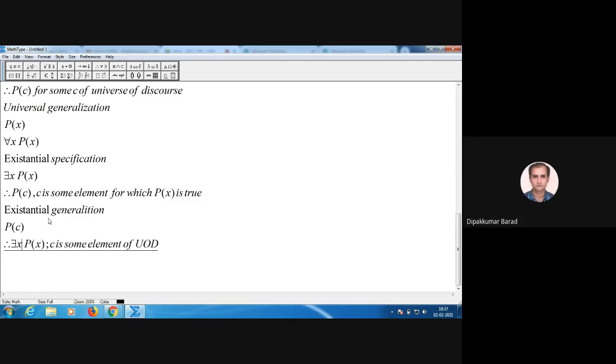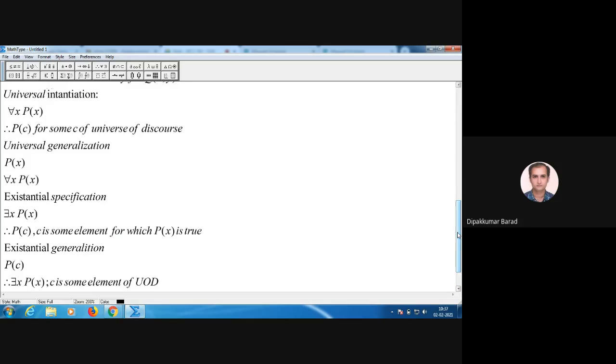So these four: we start with universal instantiation, then universal generalization, existential specification, and existential generalization. The first one: for all x P of x, that is, for every element of the universe of discourse, therefore P of c for some c of the domain is true.